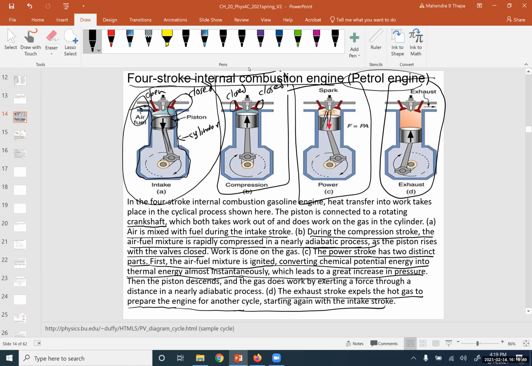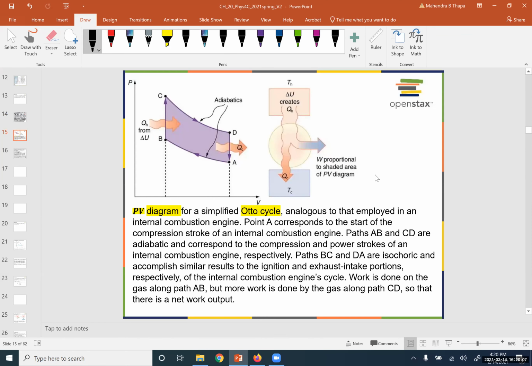So the motion is the intake stroke, compression stroke, power stroke, and exhaust stroke. This goes through a complete cycle, and it can be represented by a diagram called the PV diagram.